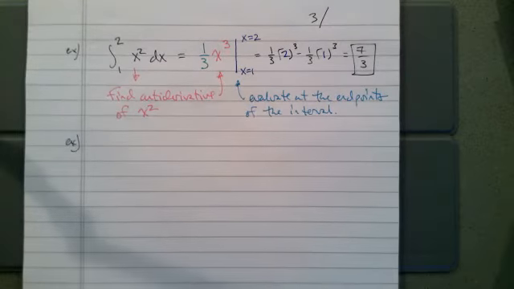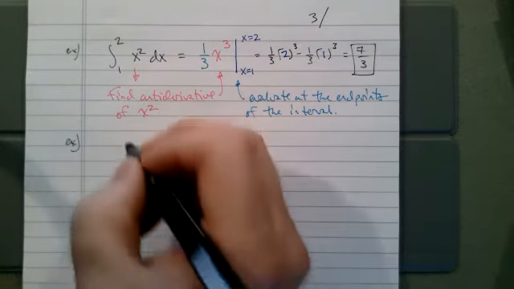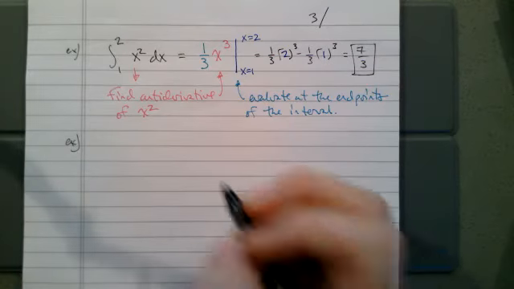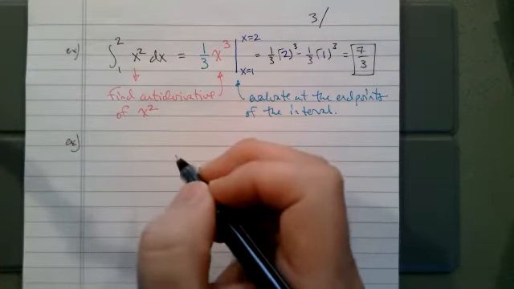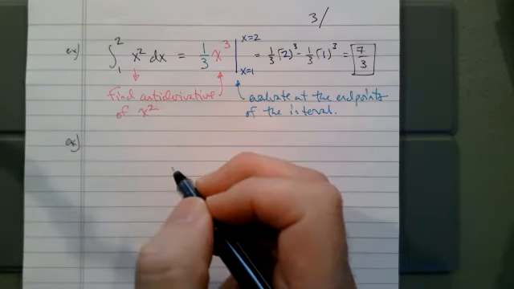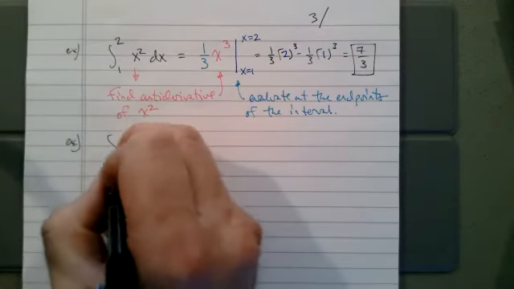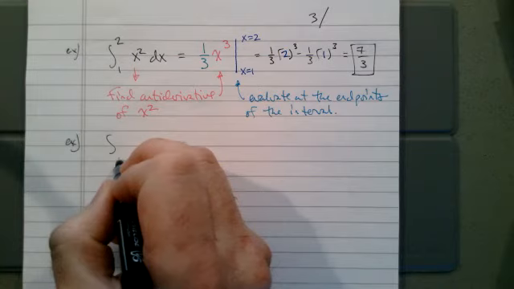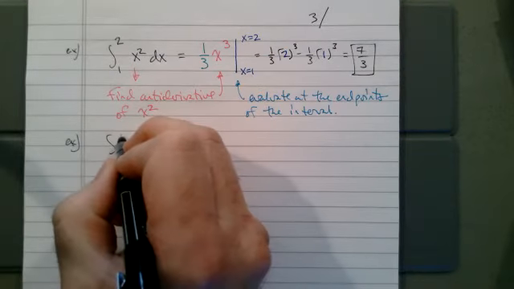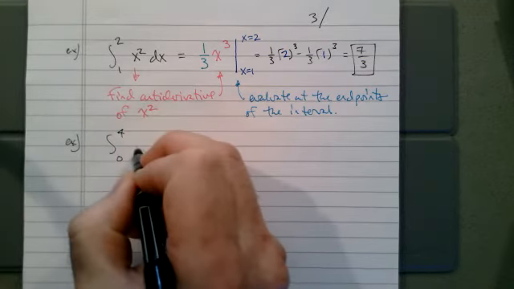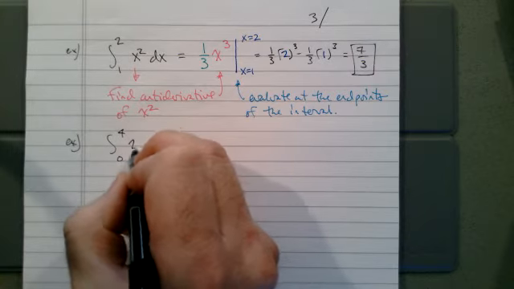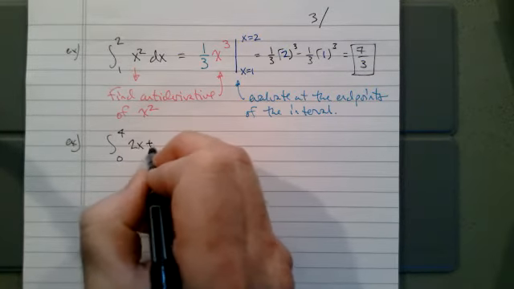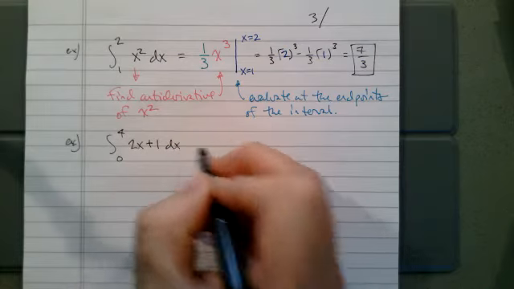Let's do another example, finding an antiderivative and then plugging in the endpoints, just so we can get used to it. Suppose we want to integrate from 0 to 4 the function 2x plus 1 dx.